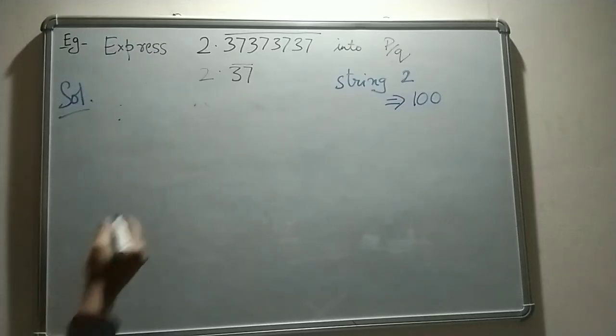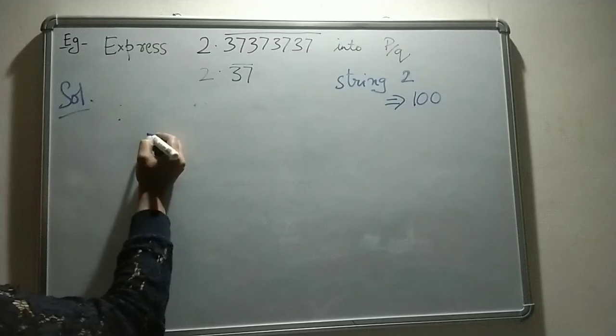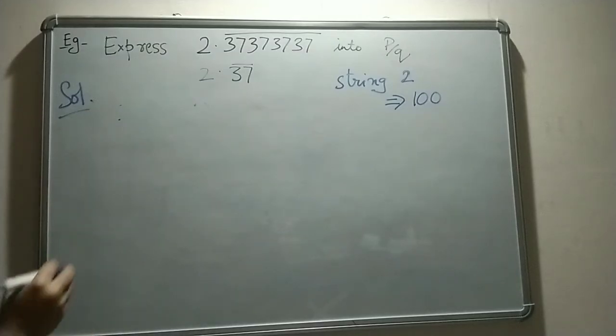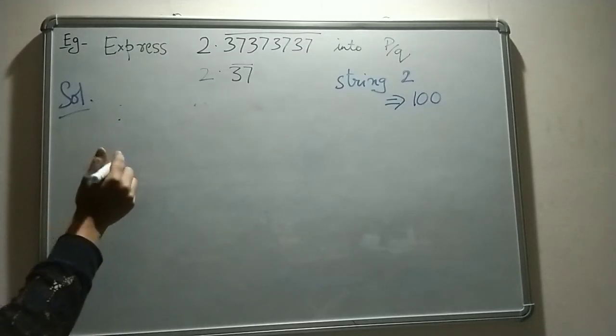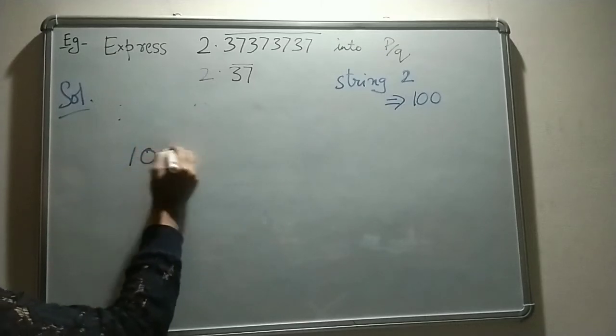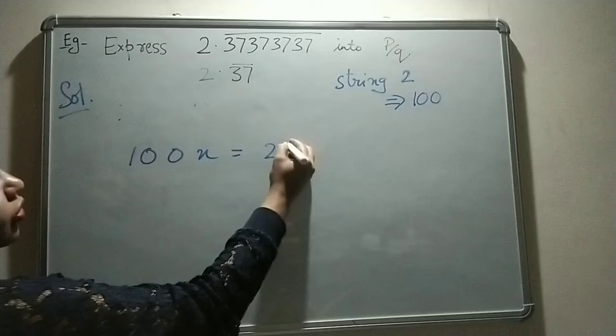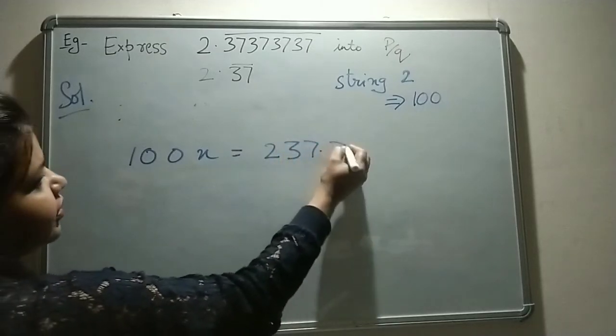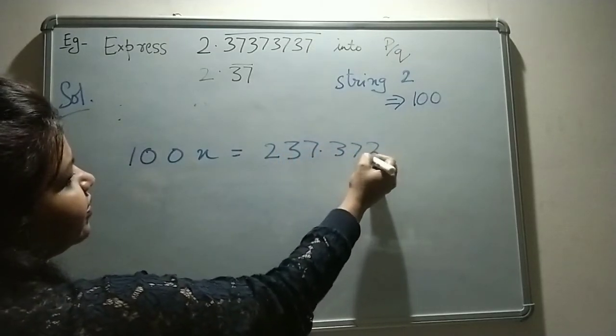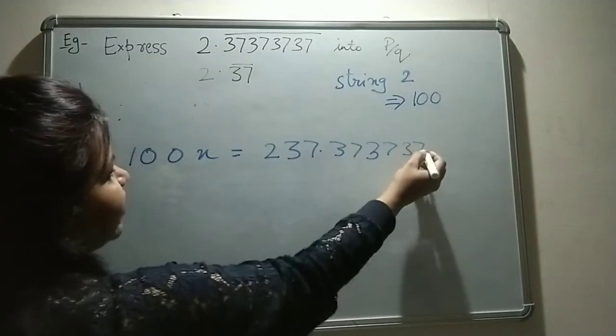So we are multiplying this string. Let x equal 2.373737. Then 100x equals 237.373737 and it goes on.